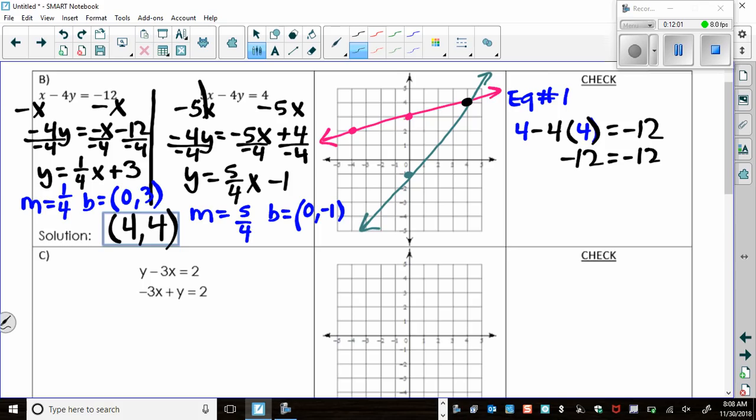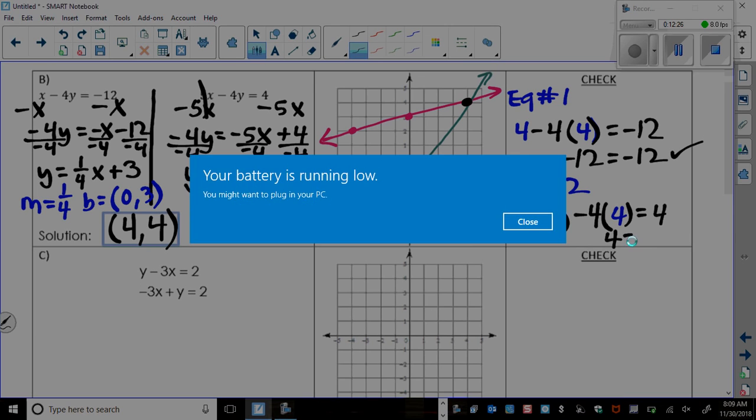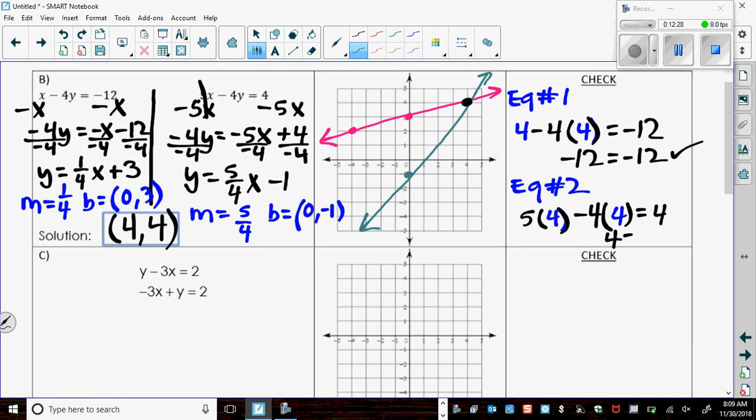I'm good to go. And the next one, equation number 2. I'm going to plug in 5 parentheses 4. Let's do that. Minus 4 equals 4. So this will give me 20 minus 16. 4 equals 4. Okay.